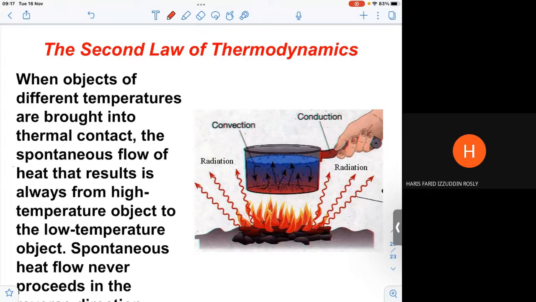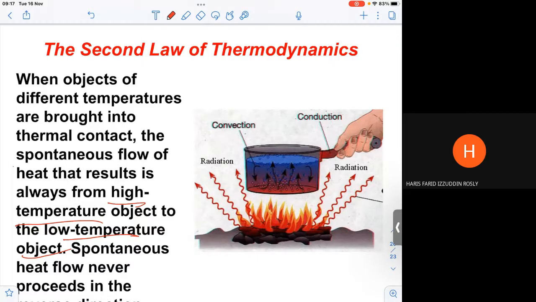When objects at different temperatures are brought into thermal contact, the spontaneous flow of heat that results is always from the high temperature object to the low temperature object. Again, the spontaneous flow in the second law of thermodynamics is from high temperature to low temperature.